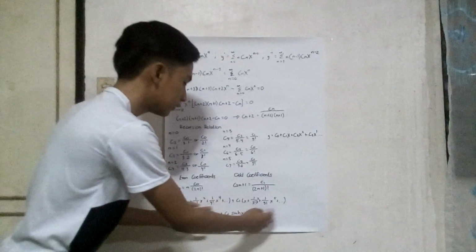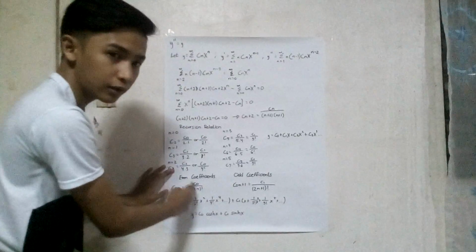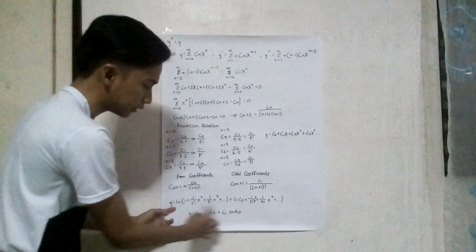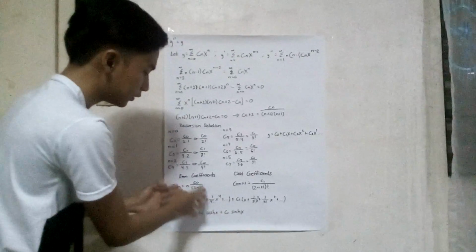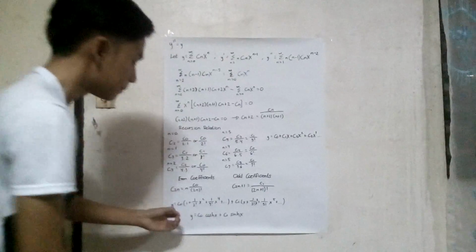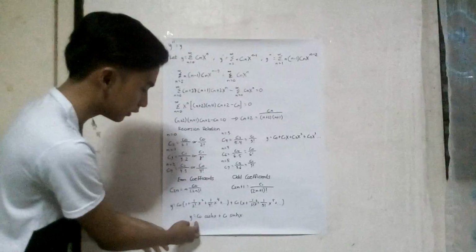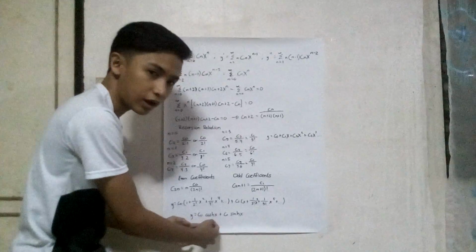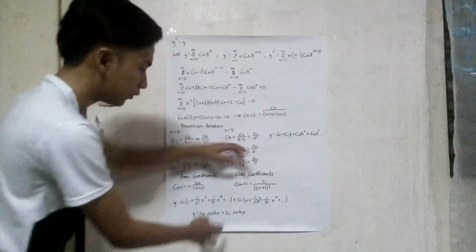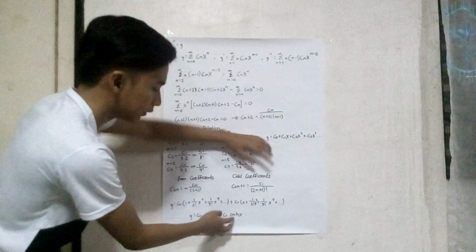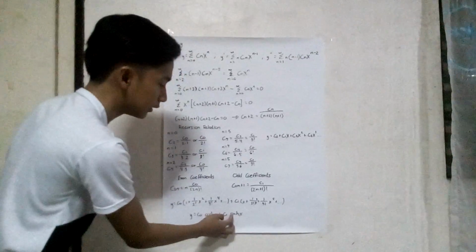By using this formula, and continuing the process of substituting all the needed values, we come up with the even coefficients giving c0 times hyperbolic cosine x, and the odd coefficients giving plus c1 times hyperbolic sine x.